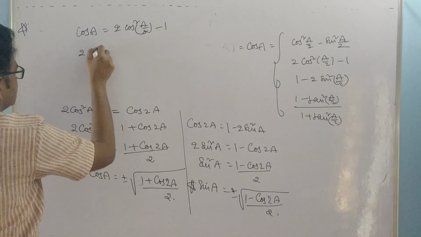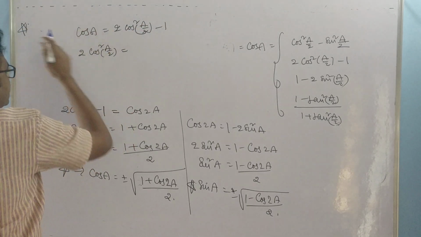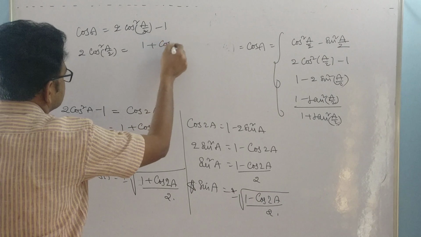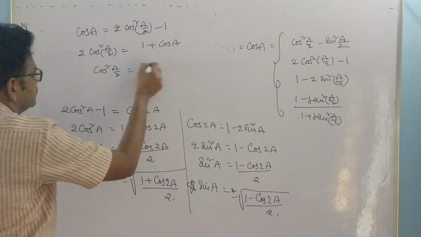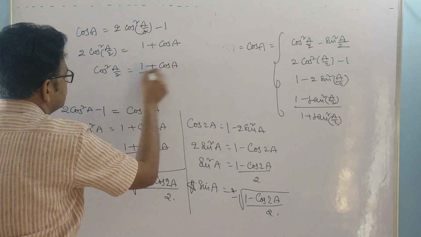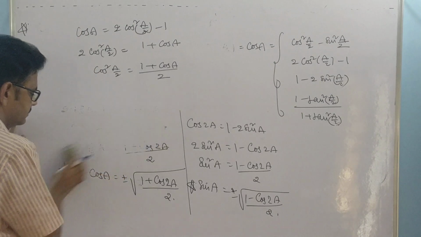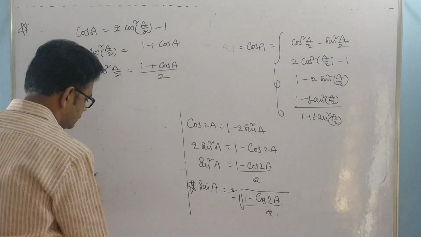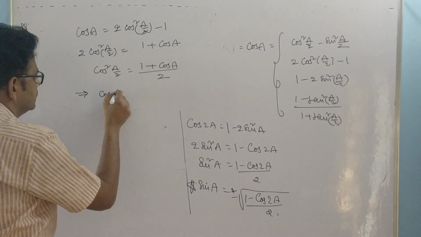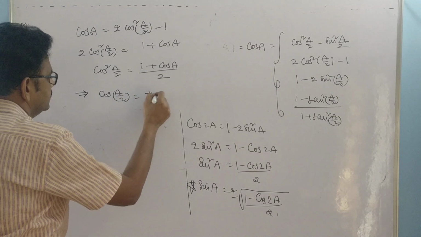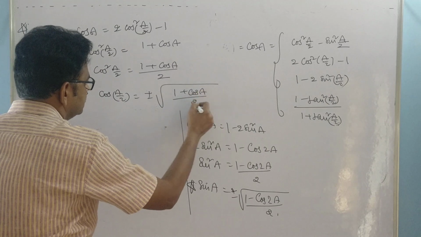This implies 2 cos square A by 2 is equal to, you can take this side, 1 plus cos A. So cos square A by 2 is equal to 1 plus cos A by 2. Therefore, cos A by 2 is equal to plus or minus root of 1 plus cos A by 2.